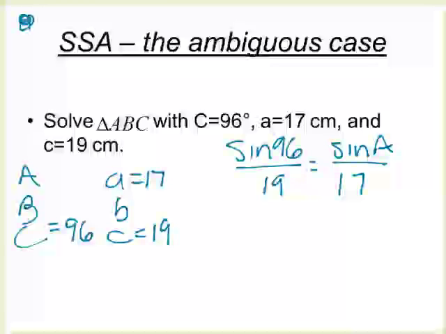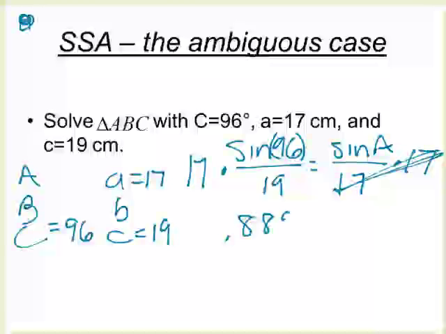Then, to solve for A, we can get rid of the denominator by multiplying both sides by 17. So we type into the calculator 17 times the sine of 96, making sure to close off parentheses after that 96, divided by 19, and that gives me a decimal of about 0.8898. That is equal to the sine of A.